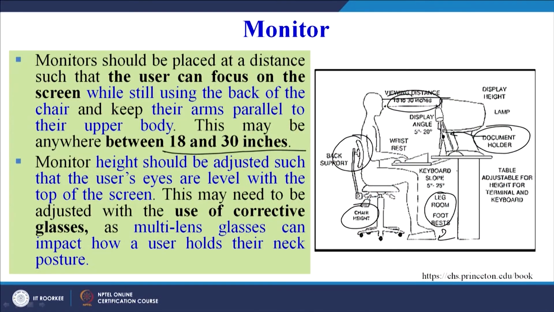With the back in constant contact with the back support of the chair, the person must be able to easily focus on the computer system. So this distance has to be adjusted, and just a rule of thumb is that arm's length is sufficient. So this may be anywhere between 18 to 30 inches. The monitors must be placed at a distance from the user.